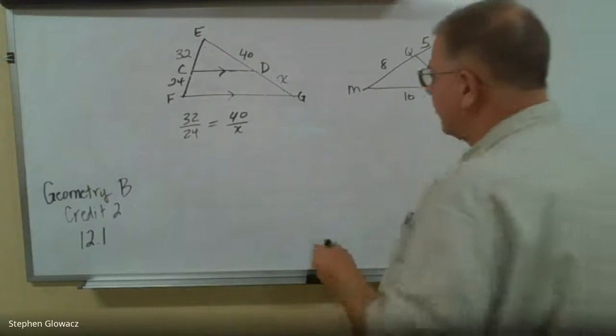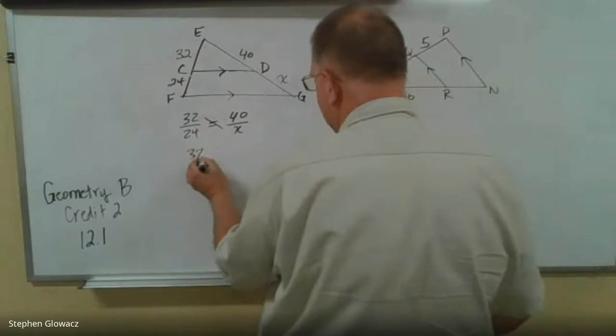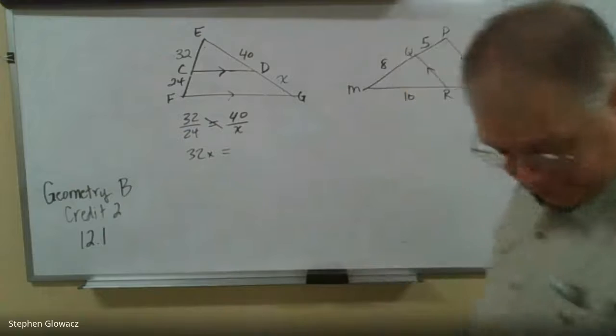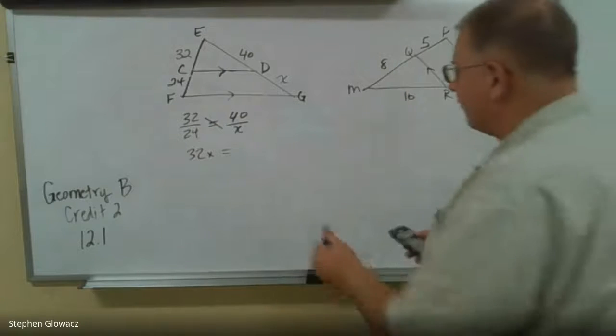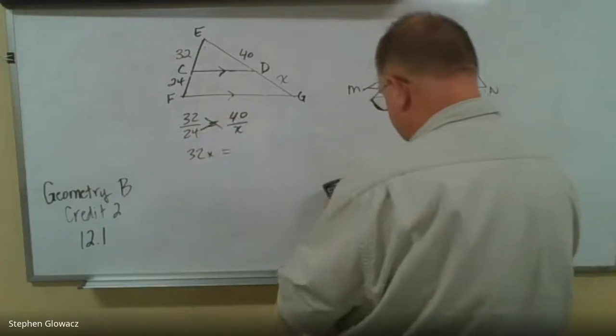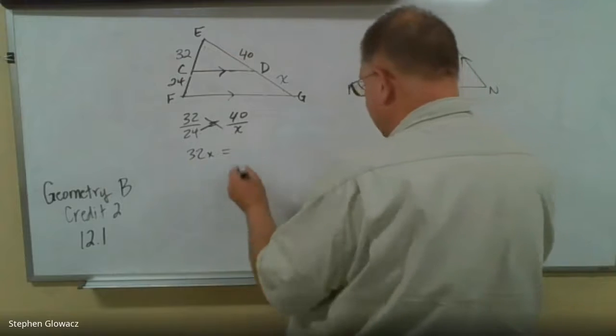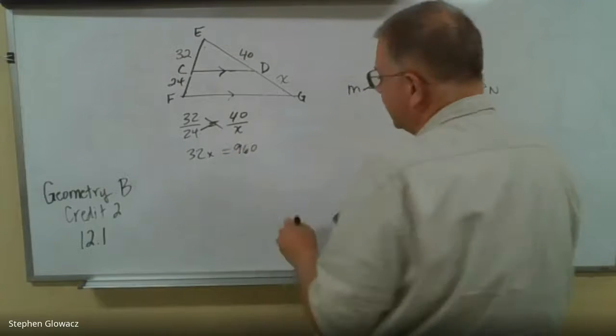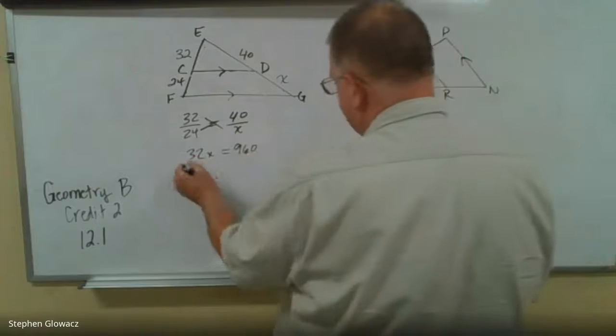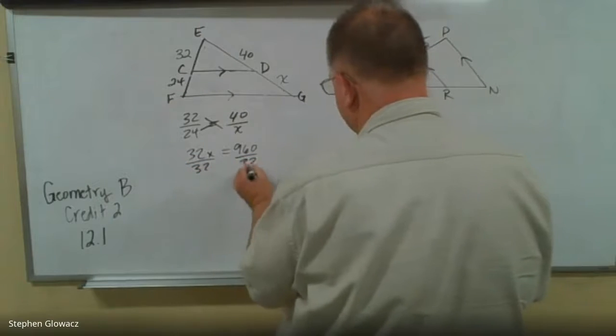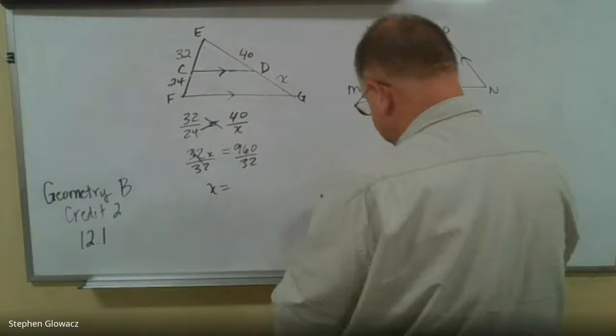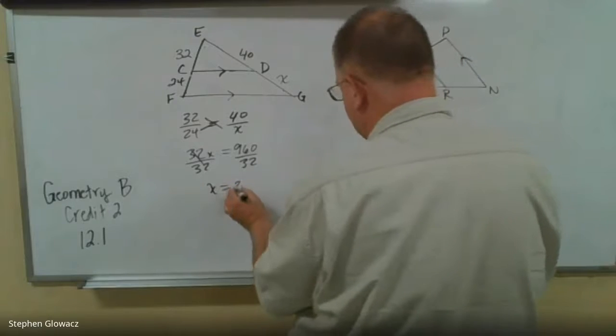So we cross multiply. We have 32 times X is 32X. And then going the other way, we have 40 times 24. We bring out the handy dandy calculator. We figure out that's 960. X is being multiplied by 32, so we divide by 32, and 960 divided by 32, it turns out is 30.